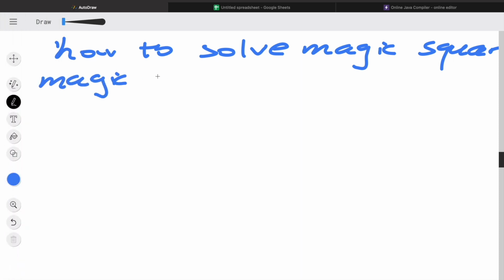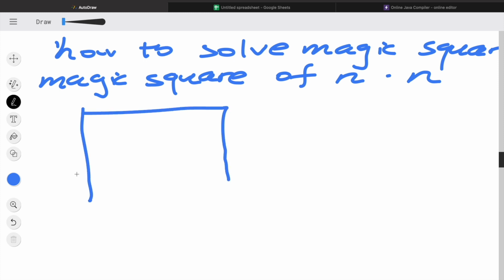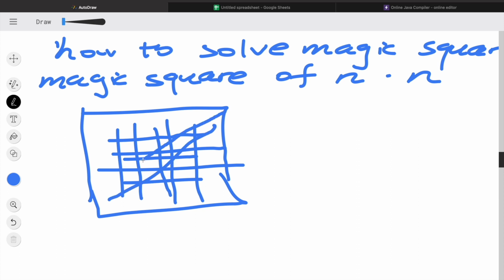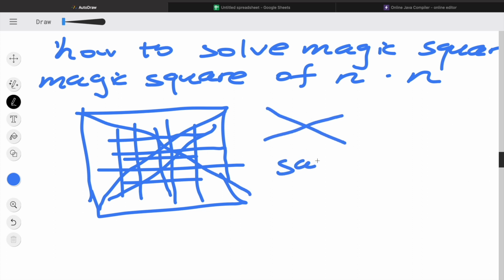A magic square of n times n means we want each row, each column, and each diagonal, only those two diagonals, to have the same sum.